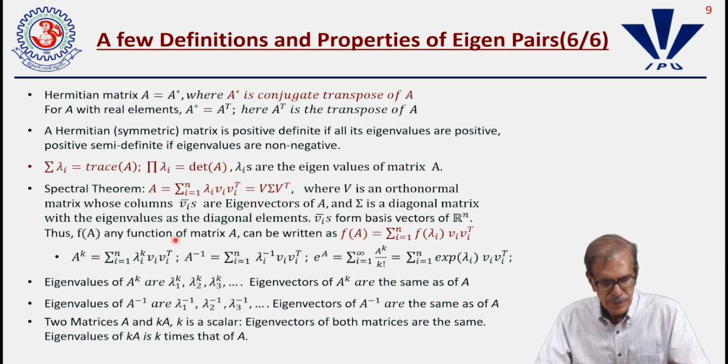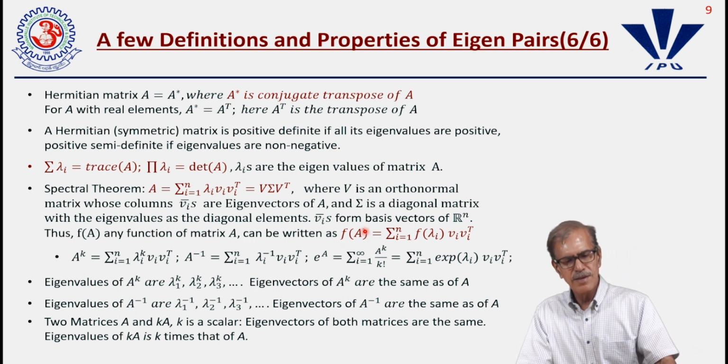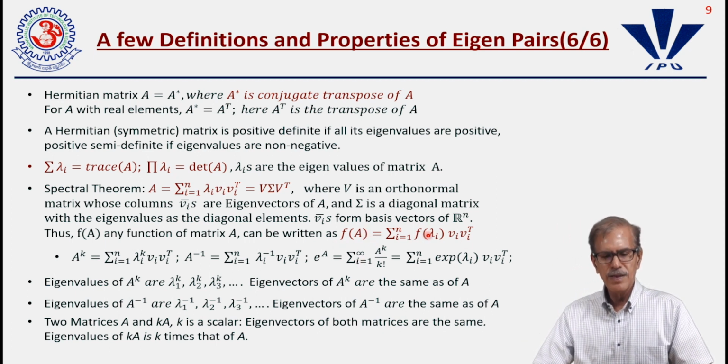Okay, and using this spectral theorem, it's easy to see that any function of the matrix A is actually a function of the eigenvalue and the product of the eigenvector and its transpose. For example, if you want to raise a matrix to the power of k, we just raise the eigenvalues to the power of k. If we want to make the inverse of the matrix, we just make the inverse of the eigenvalues.